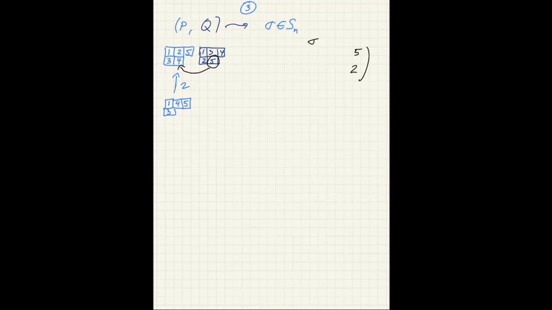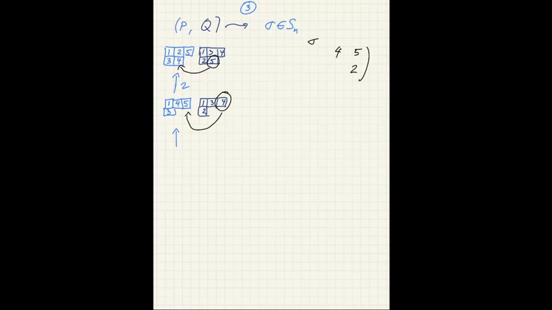Now on the tableau Q, the 5 is gone. So what we have is 1, 3, 4, 2, and we repeat this argument with the largest entry, which is now 4, and the corresponding entry on the other tableau has to be 5. And in this situation, this is easy.